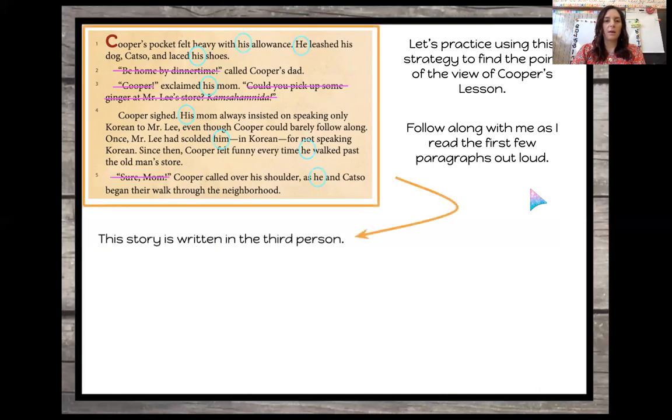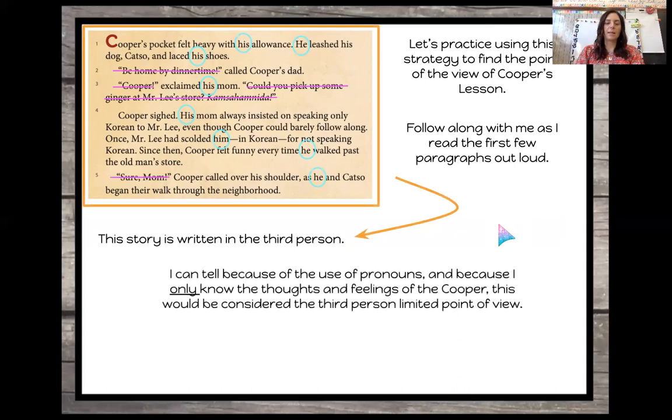So based on that, I know that this story is written in the third person. And I can tell because of the use of the pronouns and because I only know the thoughts and feelings of Cooper. It would be considered third person limited. I have no idea what his mom and dad are thinking in their heads. I only know that Cooper sighed and he's feeling a little bit uneasy about going to the store.